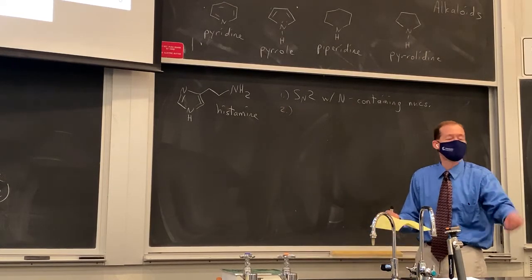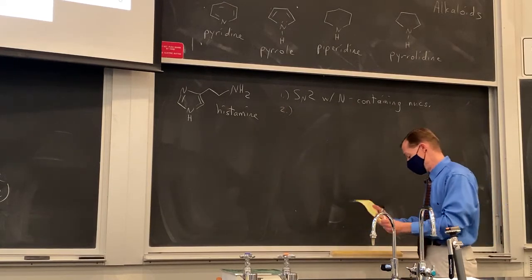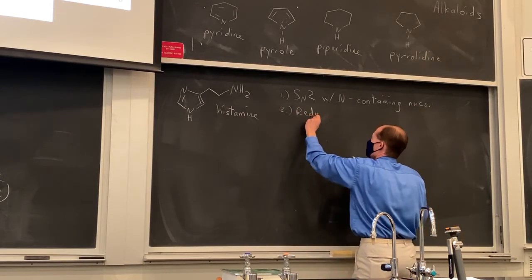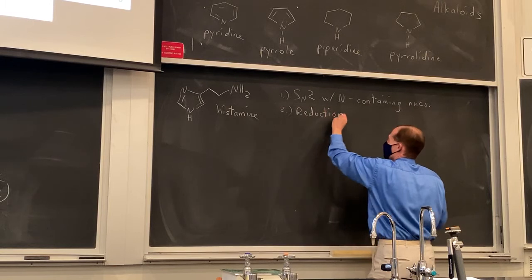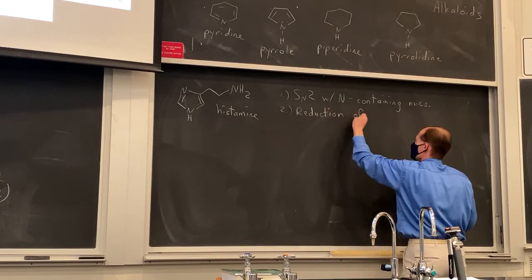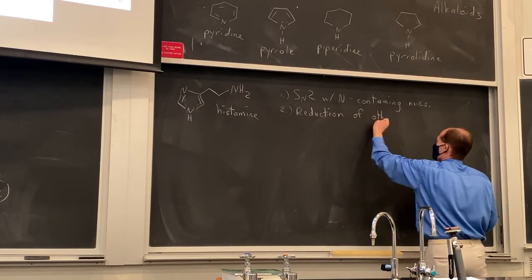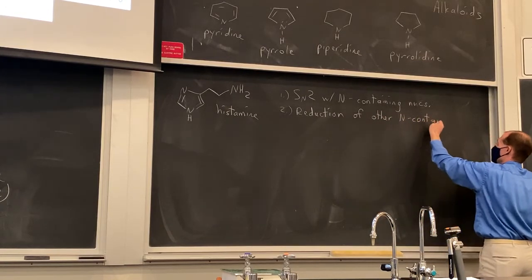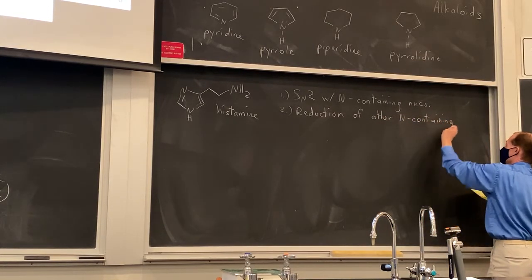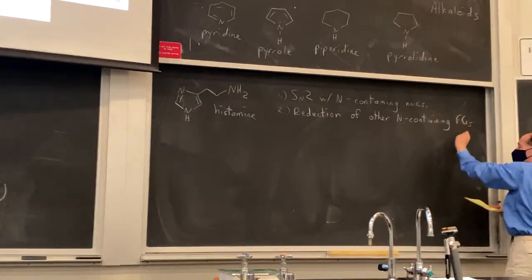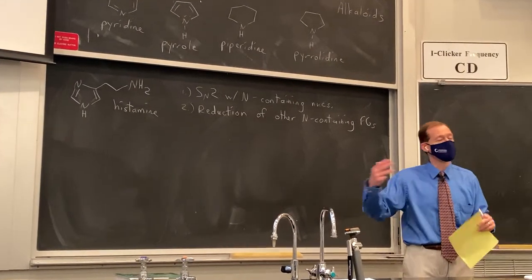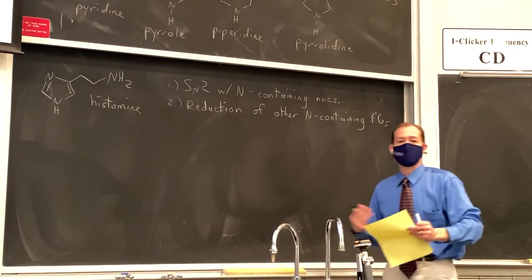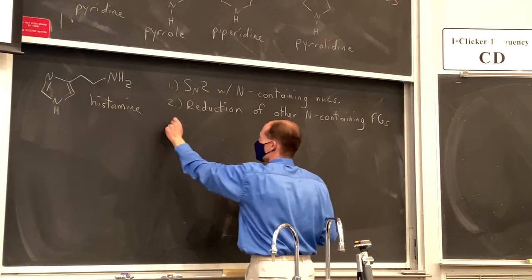Other times we'll have to transform those products into amines. We can obtain amines by performing reductions of other nitrogen-containing functional groups. The amide would be a prime example. There are other functional groups we can reduce that contain nitrogen and get amines as the products.